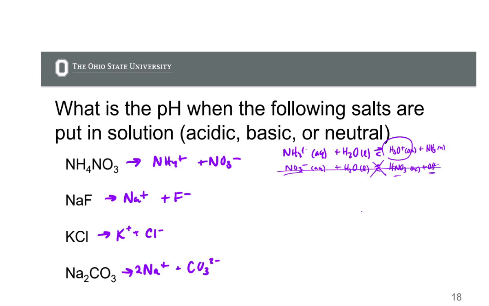So, first one, we just did ammonium nitrate, we said it should be acidic. I guess we should kind of expect that red to orange to yellow is all going to be acidic.